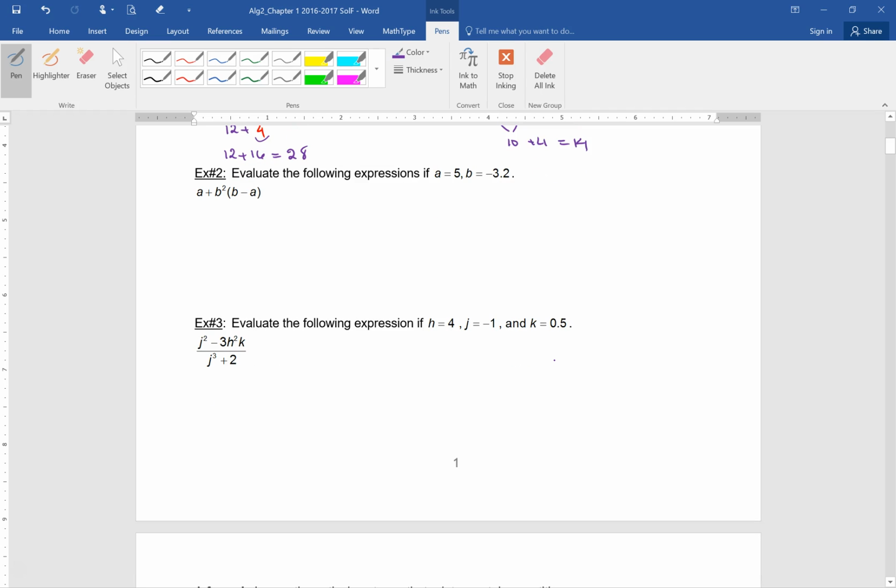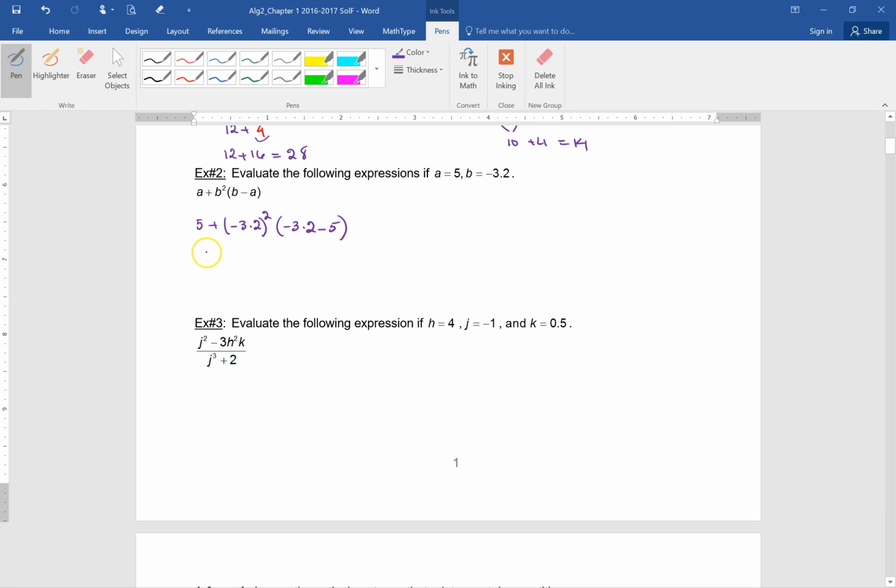Now, A is 5 and B is -3.2. So 5 plus, again in parentheses, B minus A, squared. Anytime you have a negative and you want to do something to it, put it in parentheses. B is -3.2 minus 5. Okay? So what do we get here? Which one am I going to do first?